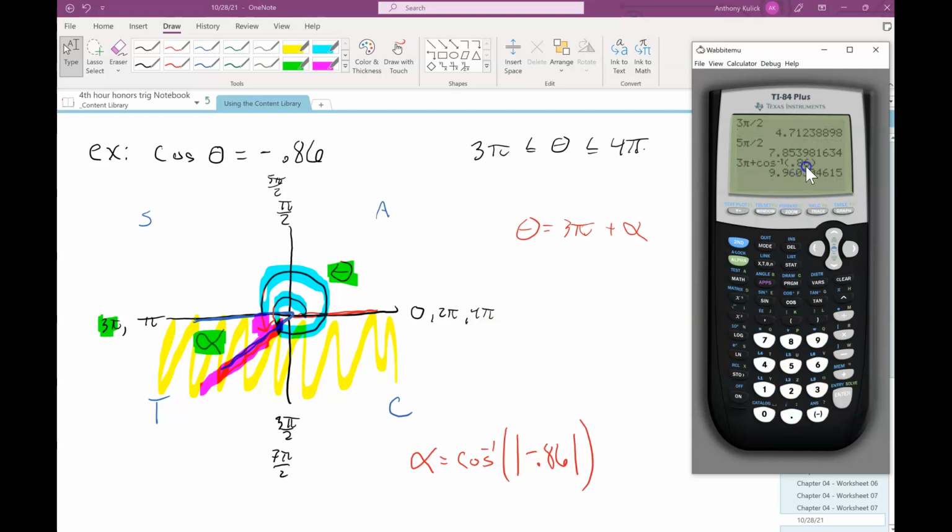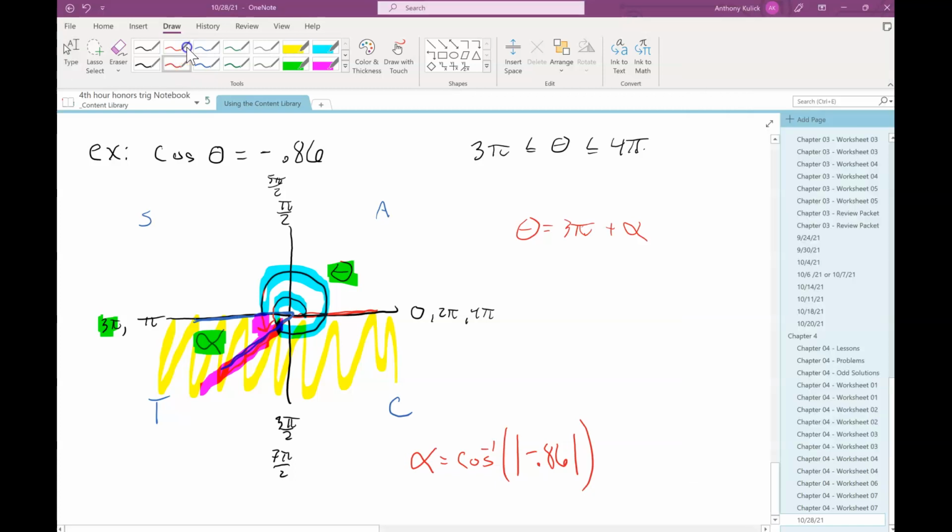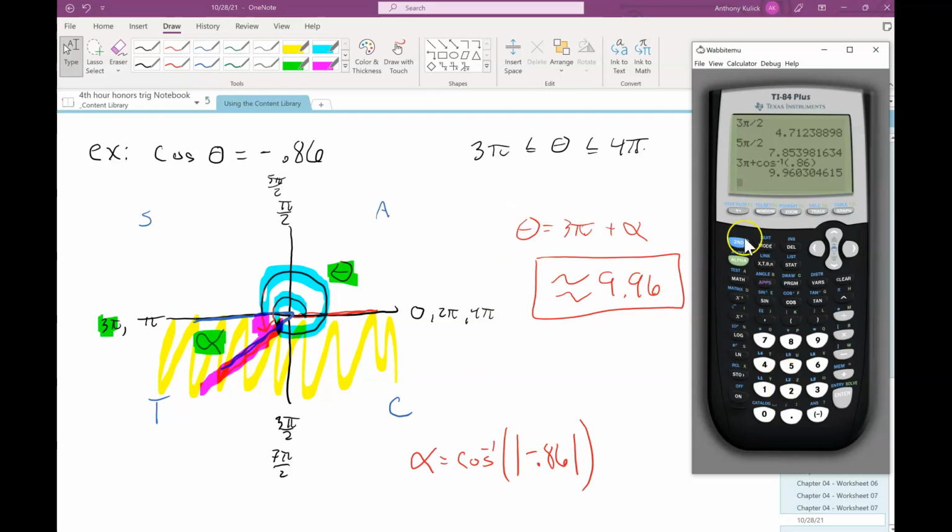And that gives me 9.96. And again, we can check that. Cosine of that answer is negative 0.86. And 3 pi is smaller, just barely, but smaller. And 4 pi is definitely bigger, so we're good to go.